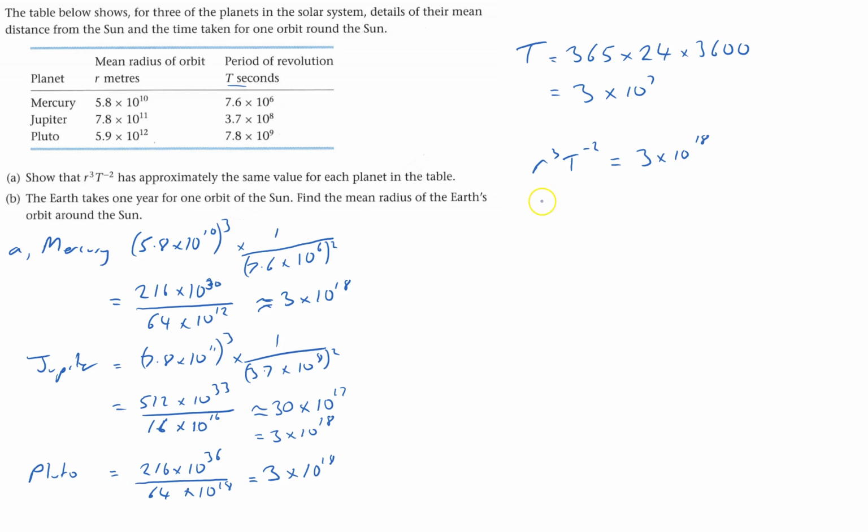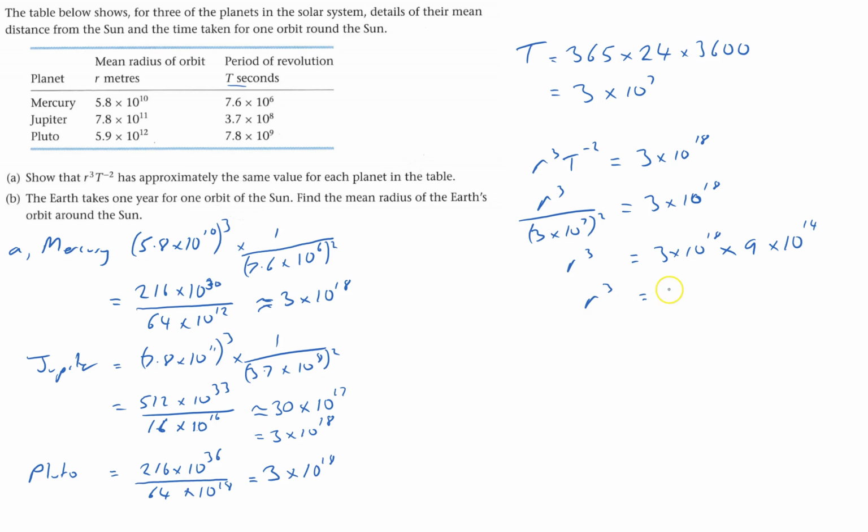So r cubed over (3 times 10 to the 7) squared equals 3 times 10 to the 18, and that means r cubed equals 3 times 10 to the 18 times 3 squared, which is 9 times 10 to the 14.